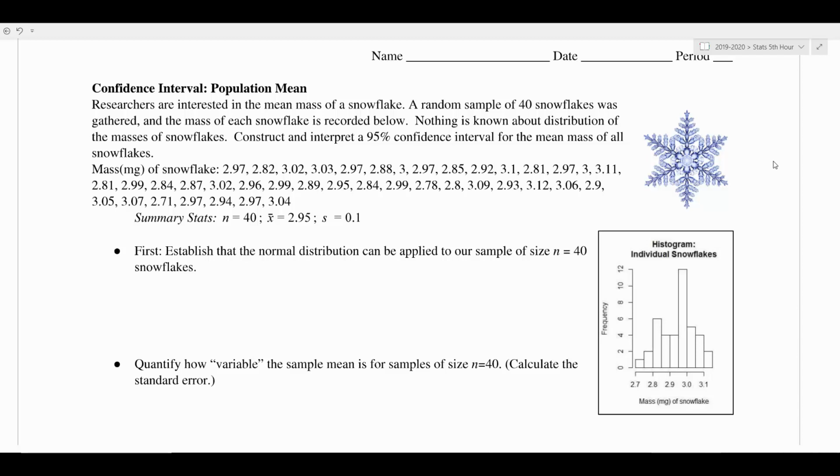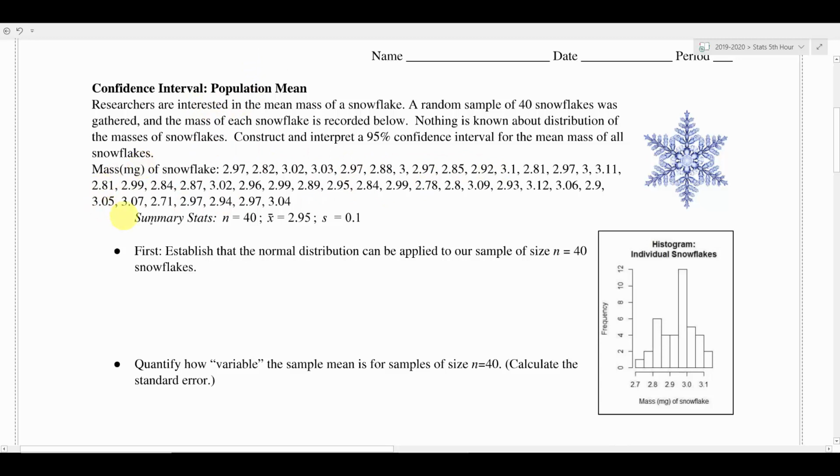I don't know how they did it, but it was too interesting of a data set to pass up on. So we're going to use it today, and we're going to estimate what the mass of a snowflake is with 95% confidence. The sample that I found had 40 snowflakes in it, and I recorded the actual data here.